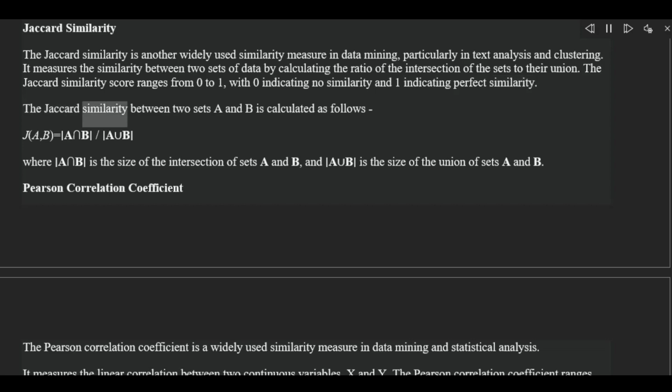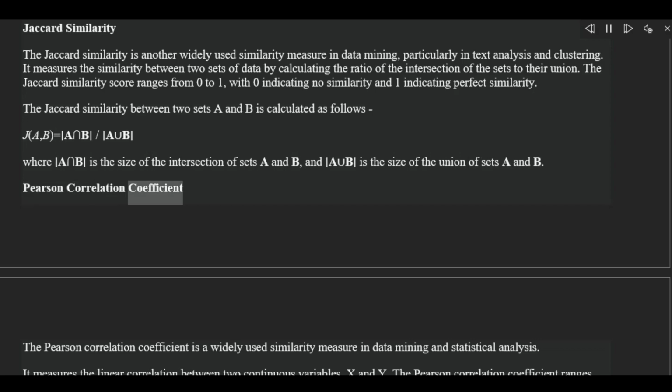The Jaccard similarity between two sets A and B is calculated as follows. J(A,B) equals |A ∩ B| divided by |A ∪ B|, where |A ∩ B| is the size of the intersection of sets A and B, and |A ∪ B| is the size of the union of sets A and B.